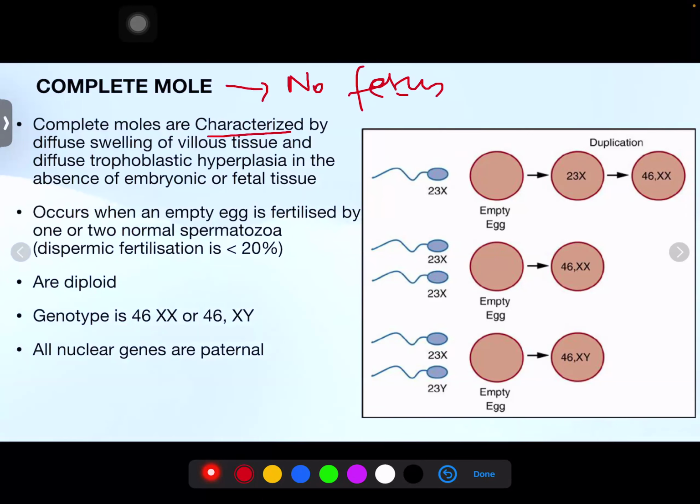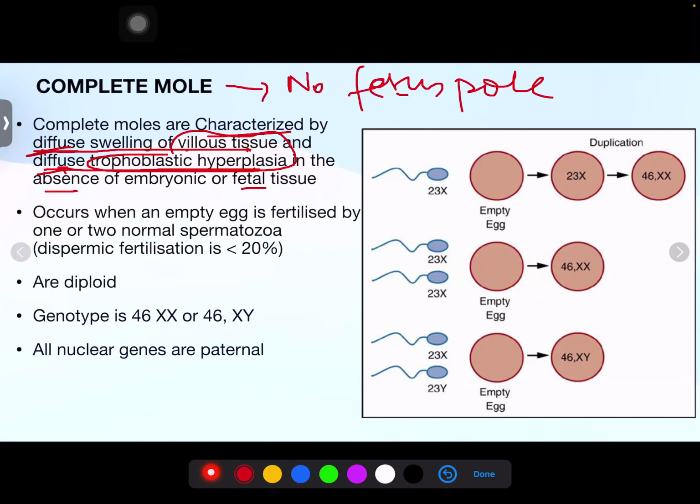It is characterized by diffuse swelling of villus tissue and diffuse trophoblastic hyperplasia. Diffuse means all the villus tissue is swollen. In the absence of embryonic or fetal tissue, there would be no fetus or fetal pole. Only the trophoblastic hyperplasia would be present.